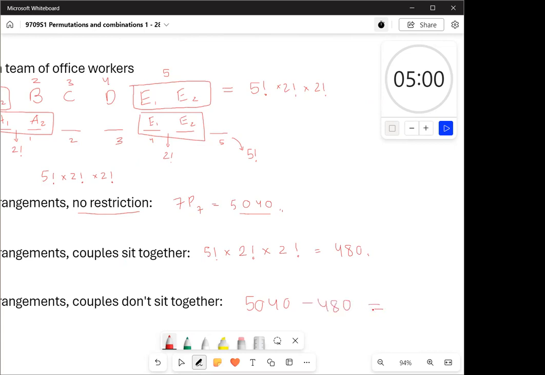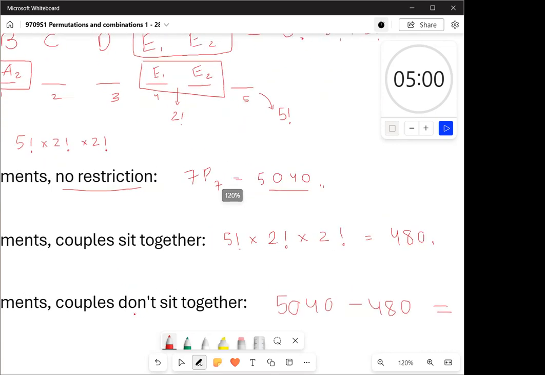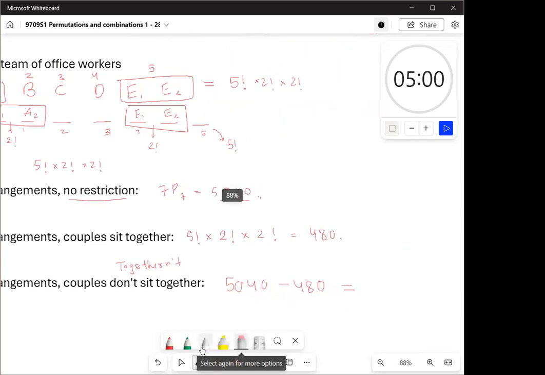So the times when they're not together are all the other times, right? So basically, total minus together. That's 4560.